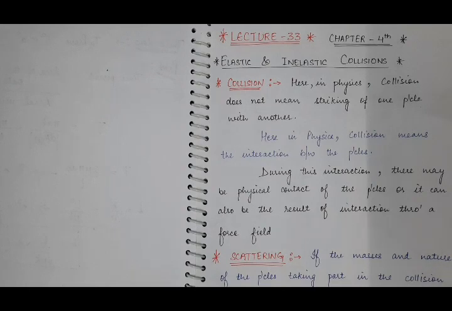Why? Because this second charge is placed in the electric field region of the first charge. So there will be interaction between the two particles even when there is no physical contact between them.